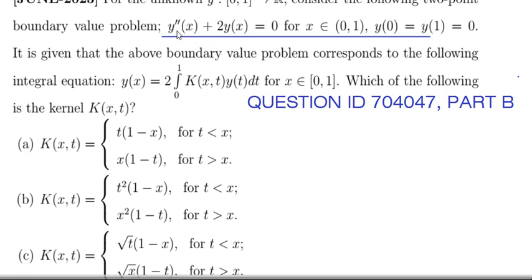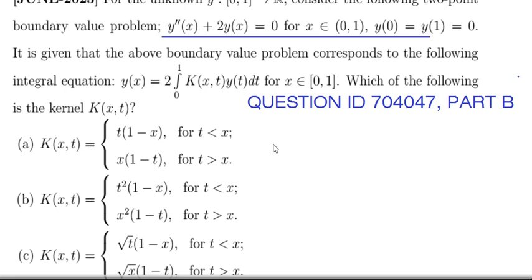So we are given a differential equation. It is a second order differential equation. Therefore, we will integrate this with respect to x between the limits 0 to x to obtain an integral equation.